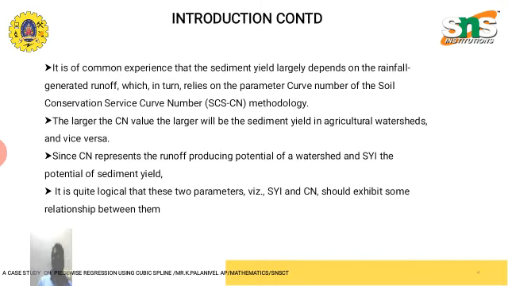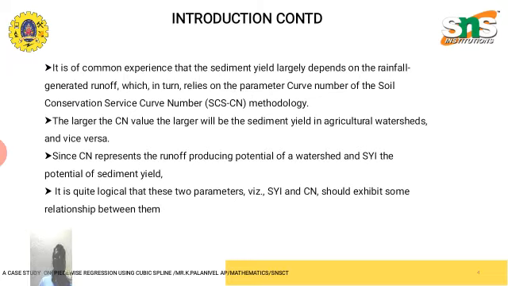Next, it is common experience that sediment yield largely depends on the rainfall-generated runoff, which in turn relies on the parameter curve number of the Soil Conservation Service curve number methodology.